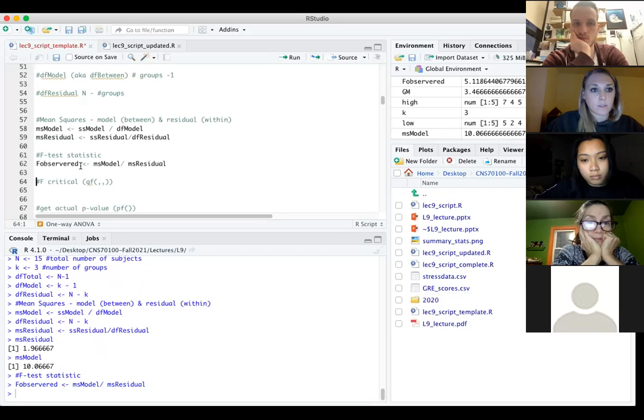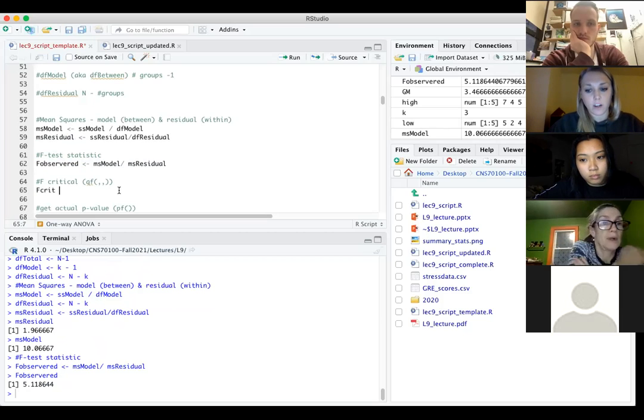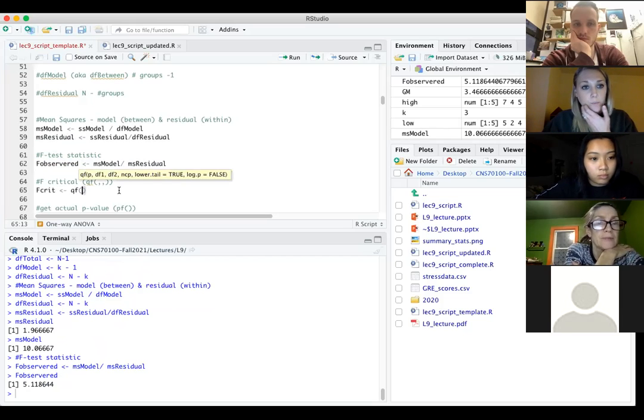So now we have an F observed, 5.11, just like we saw in the PowerPoint. And now F critical, I'll call this F crit. Now instead of Q norm and QT, we have QF, and then we give it the probability that we want, so 0.95. Do you see how this pops up?